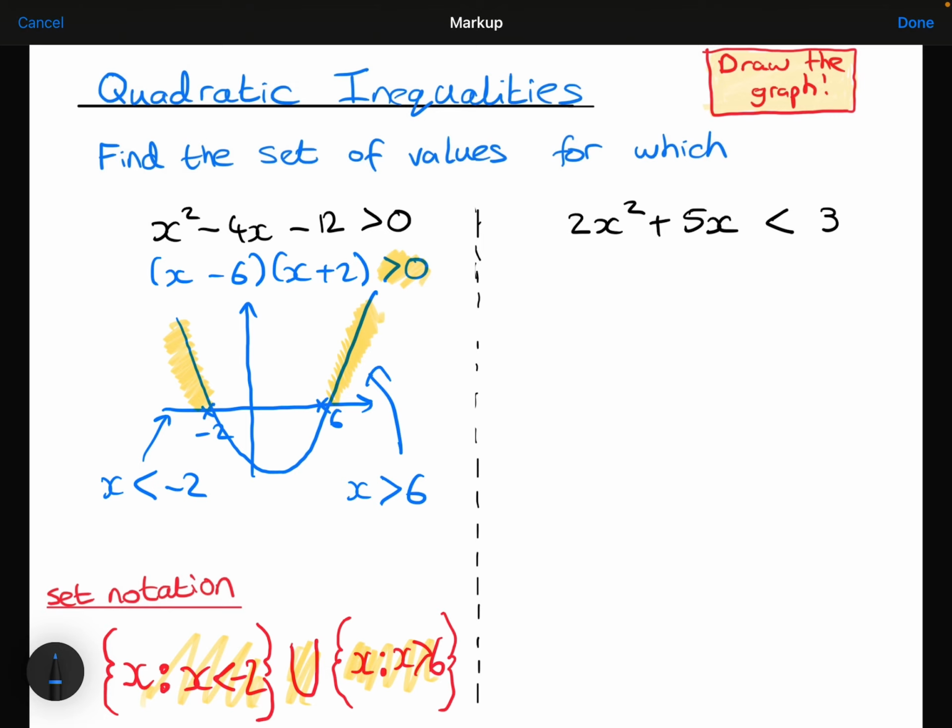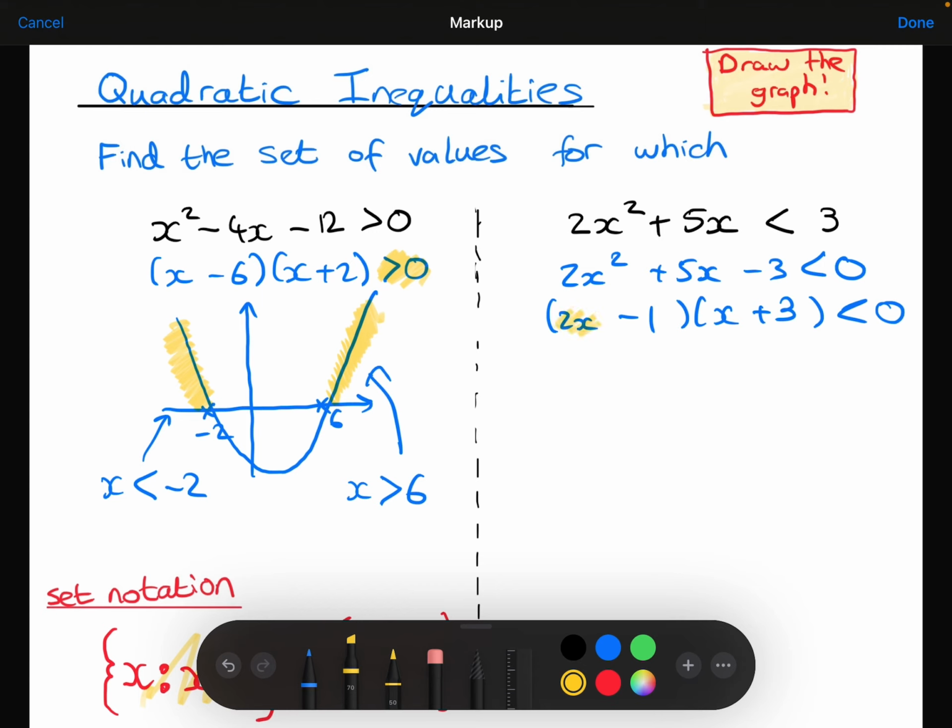Second quadratic inequality, we've got 2x squared plus 5x is less than 3. I'm going to take 3 away from both sides. So my inequality will be less than 0. I'm going to factorize this so I can work out the roots to help me to sketch it. So I'm going to need to have a +3 and a -1.